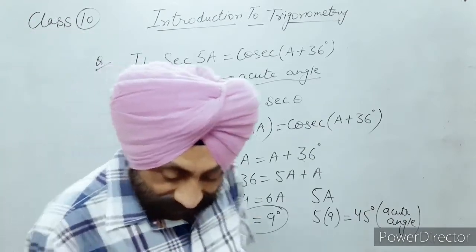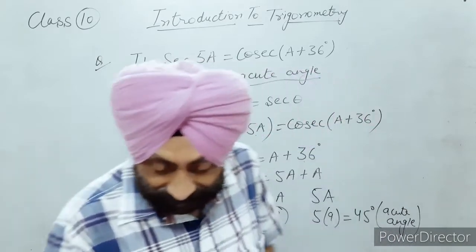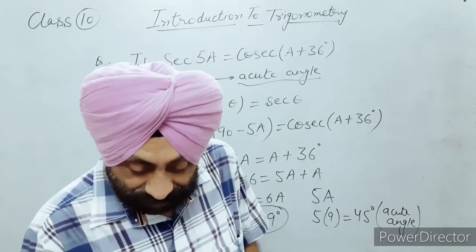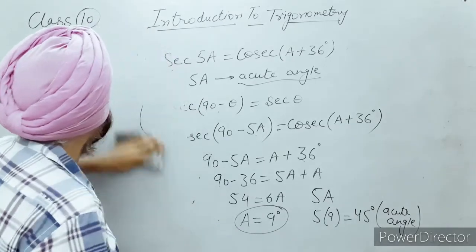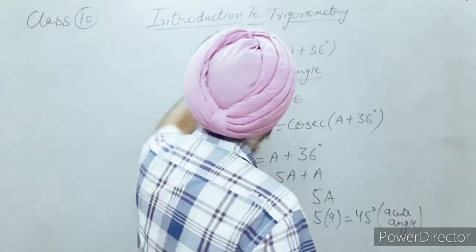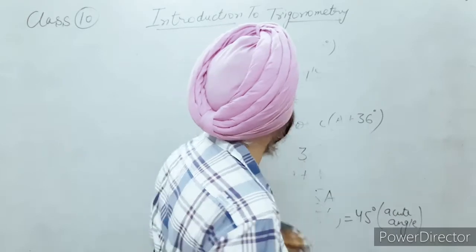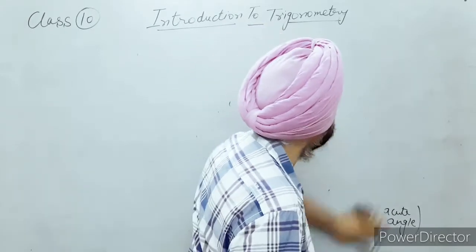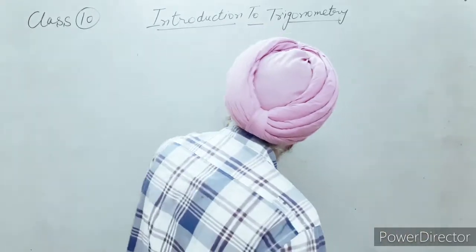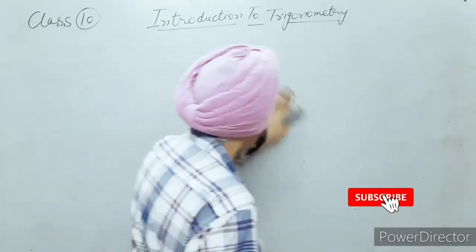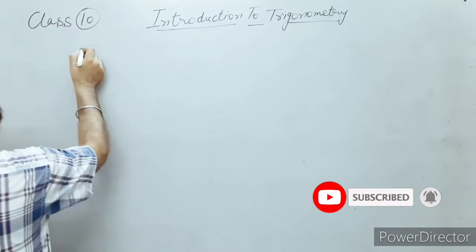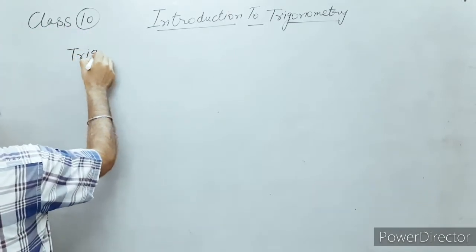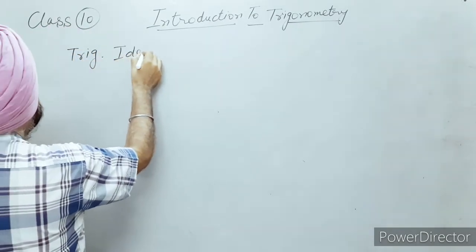Right? Now coming on to the next topic, a very, very important topic: the questions based on trigonometric identities. Hope you have gone through those identities which we have already discussed in my previous lectures. Now I will write them once again for you. Trigonometric identities.